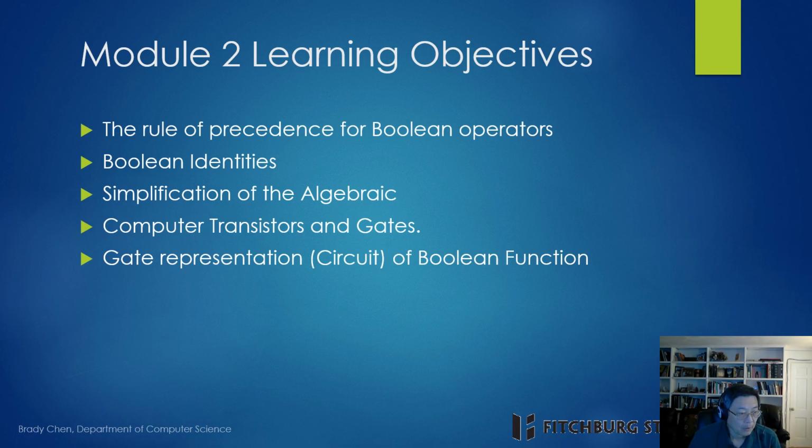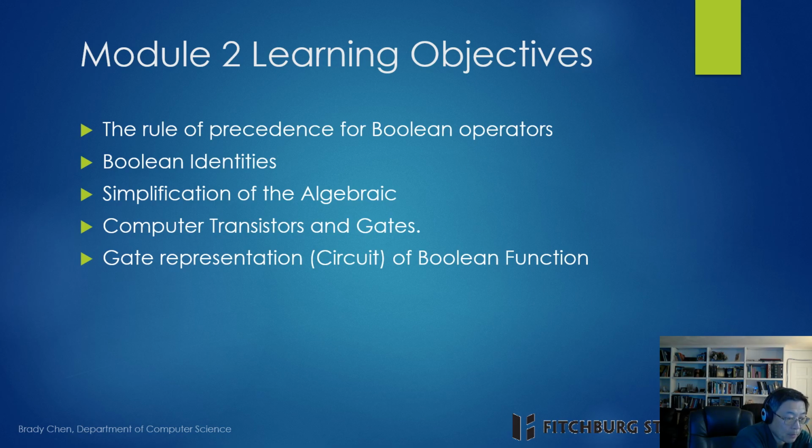Now, since we're going to talk about the application of this Boolean logic, we're going to introduce some new symbols. Okay, and then we're going to talk about the Boolean identities, and then we're going to use these Boolean identities to simplify some of the algebraic expressions.